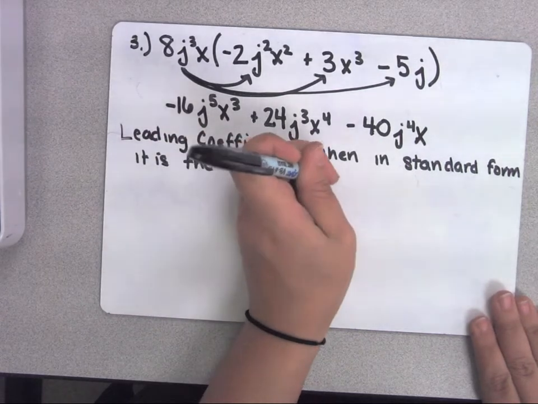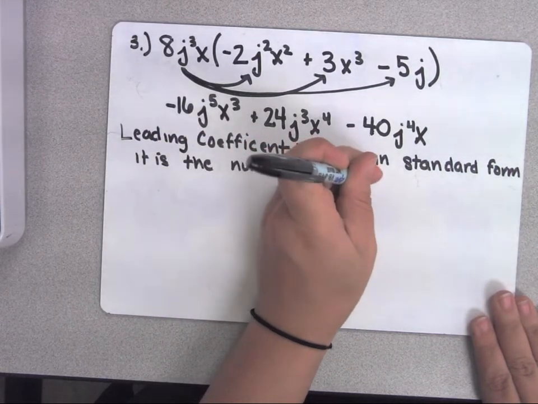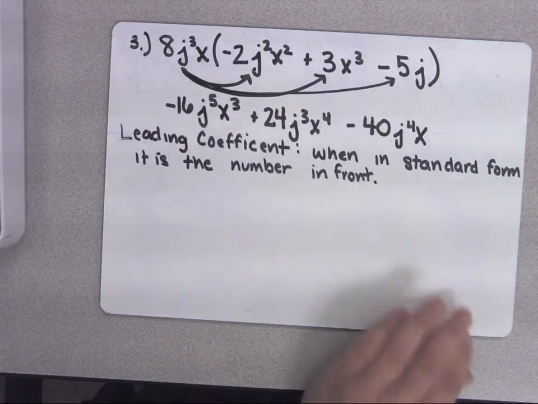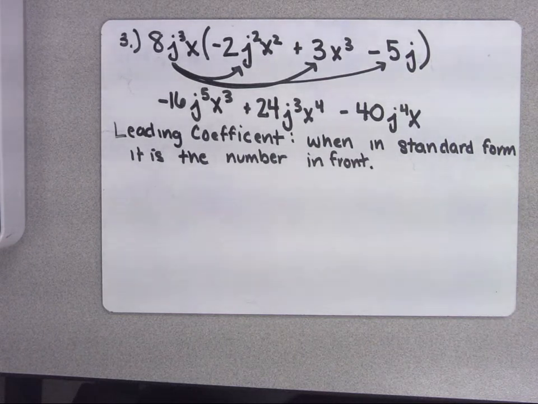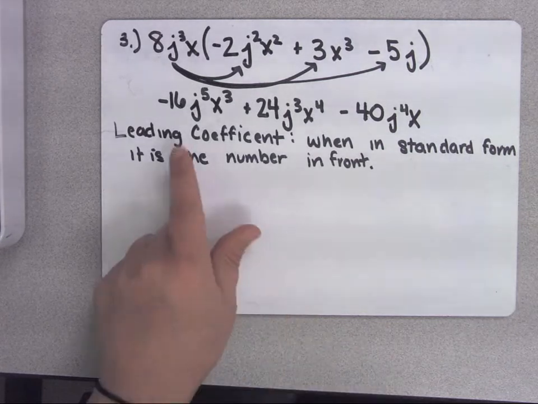It is that simple. So the degree is the exponent, right? You put things in order by degree. The leading coefficient is literally the whole number. So these have 2 variables, so you can't say anything about these types of equations.